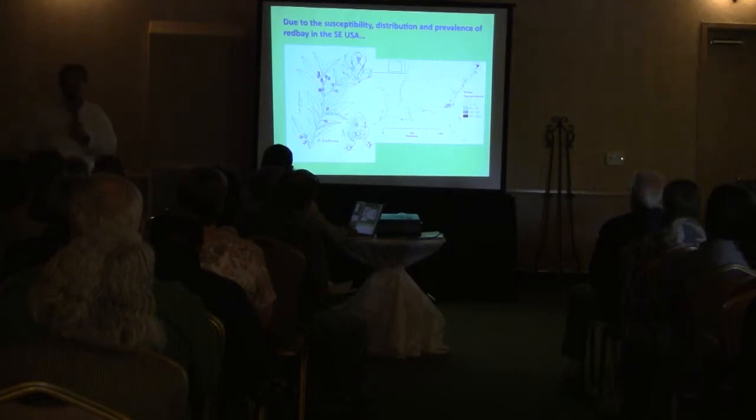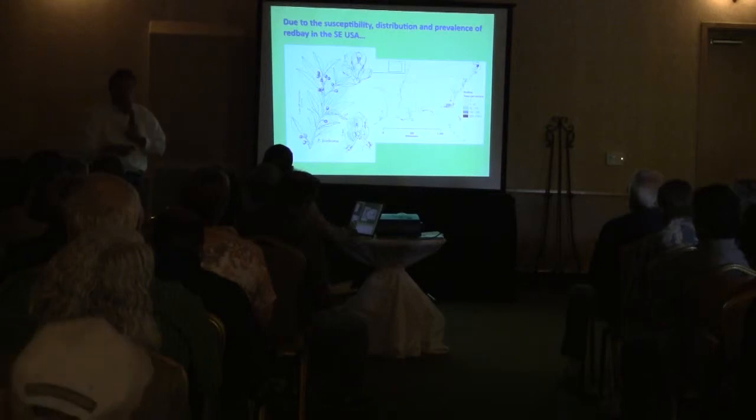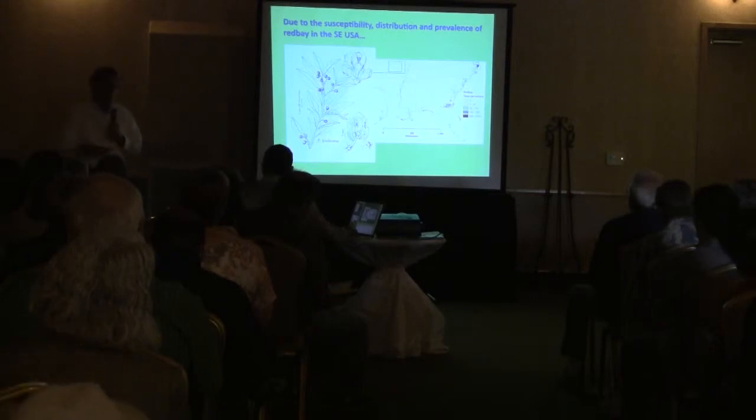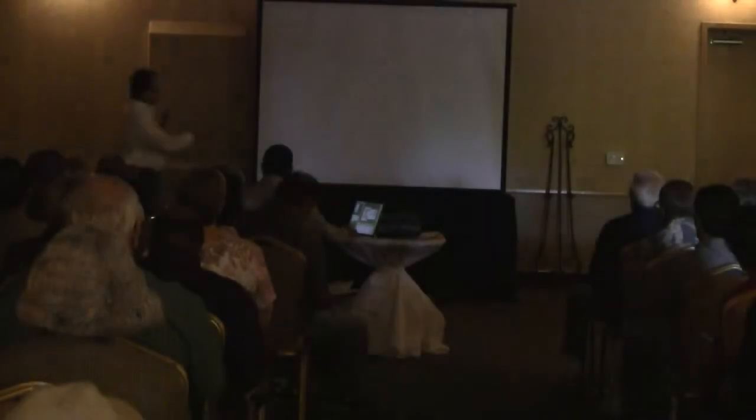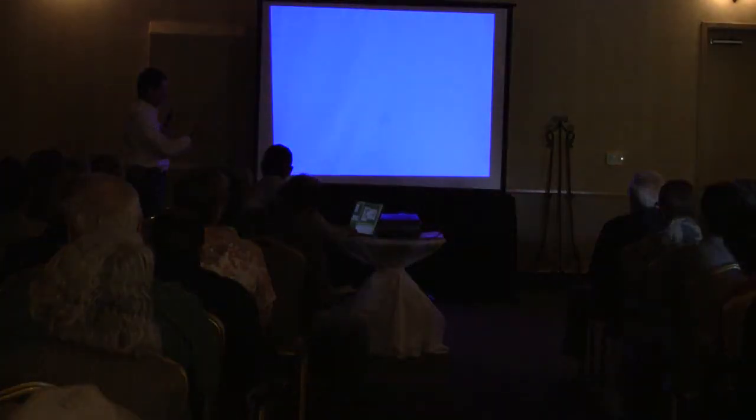This disease has progressed very rapidly. I'll show you a map here pretty soon of the current distribution of it. But one of the reasons it spreads so rapidly is that there is a map of the southeastern U.S. with gray areas of varying intensities.